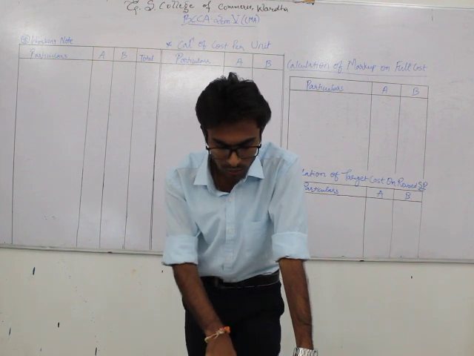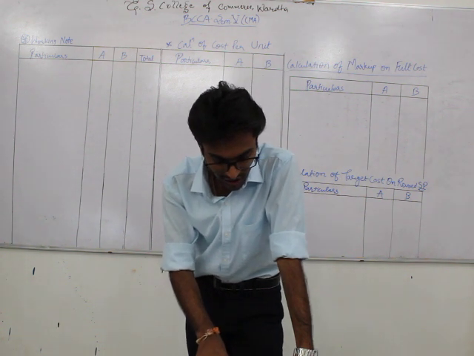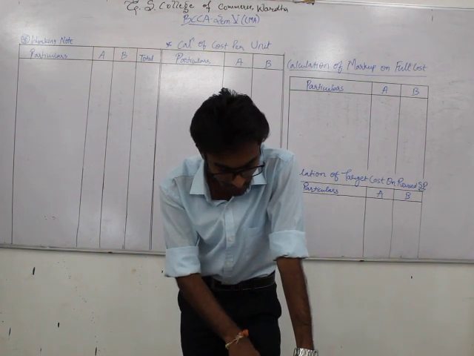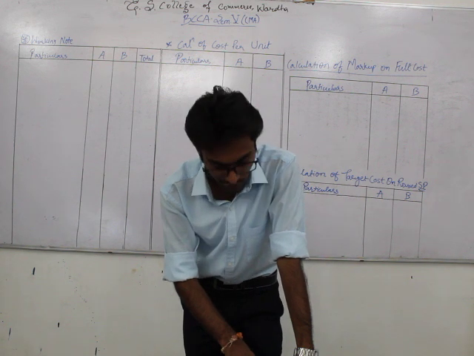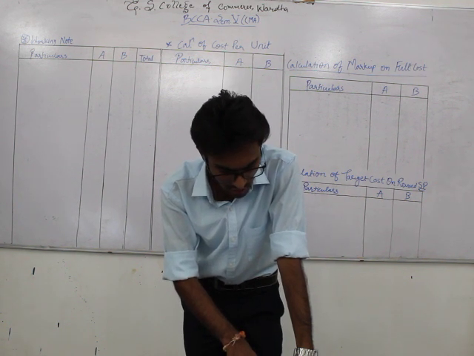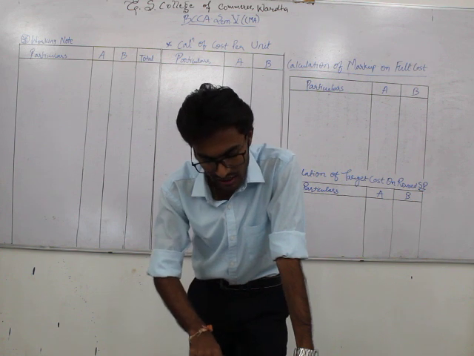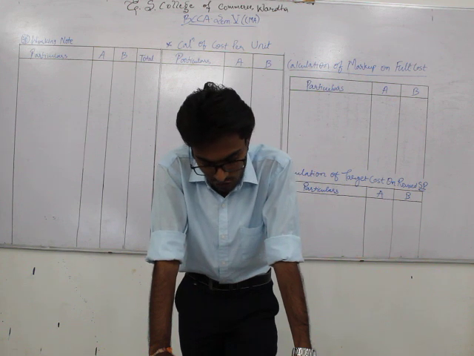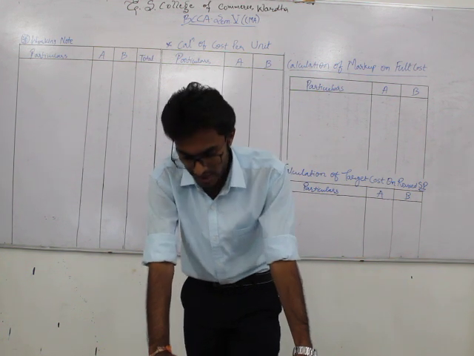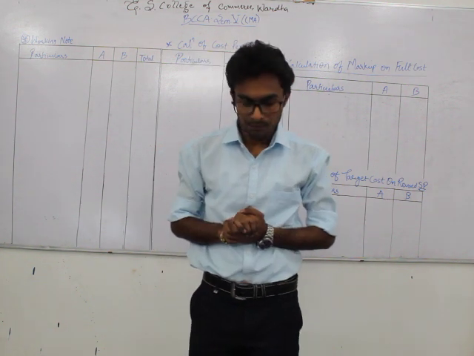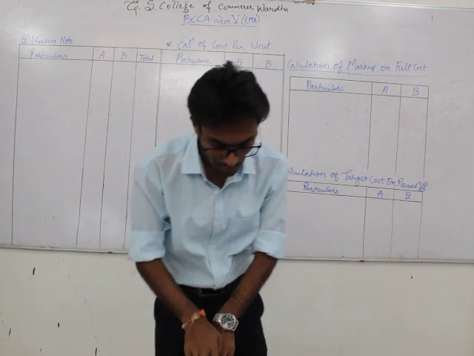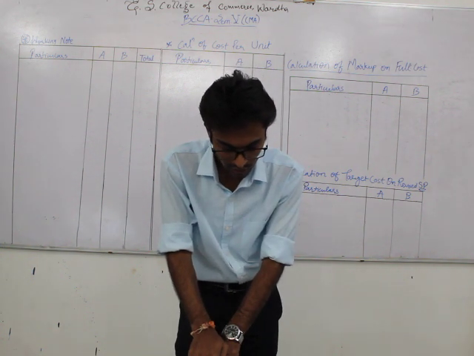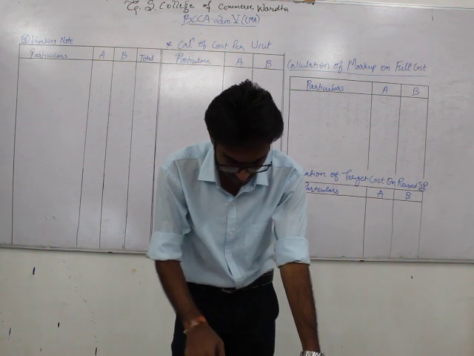For material it is 43 lakh and 32 lakh for A and B. For labor, 15 lakh and 10 lakh for A and B. Fixed indirect cost for machining is 7 lakh and 7.5 lakh for A and B, and engineering cost for A and B is 8.5 lakh and 14 lakh as well. This is about components A and B. You can get the total from the extreme right column.